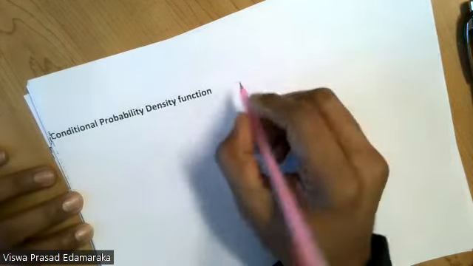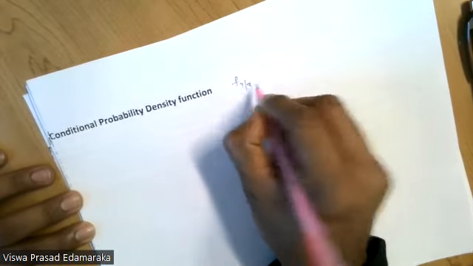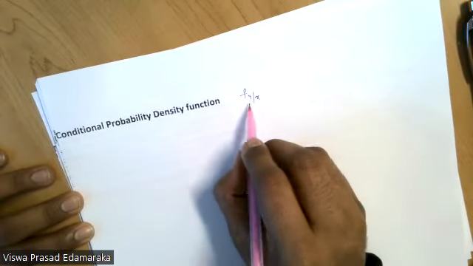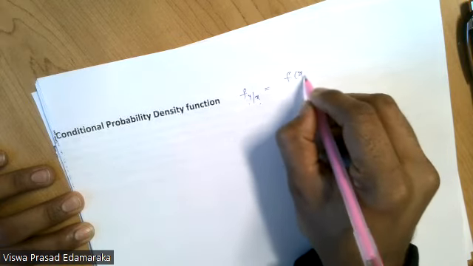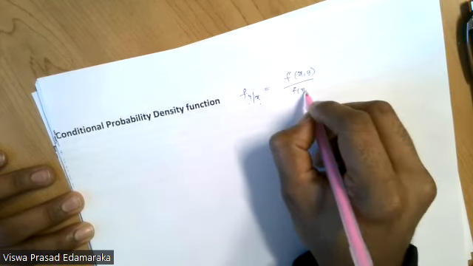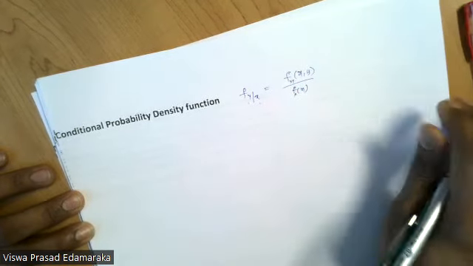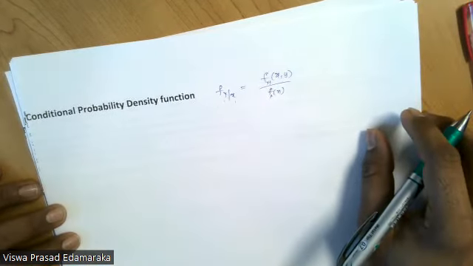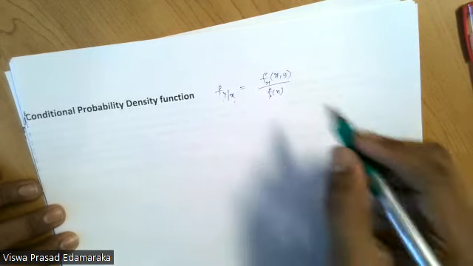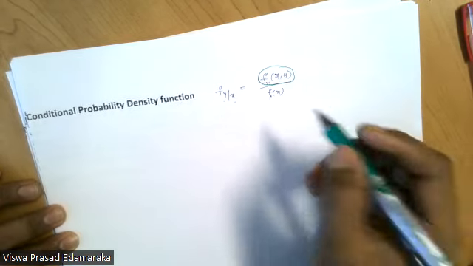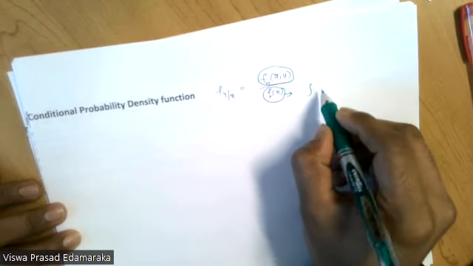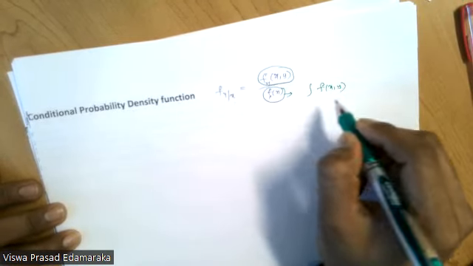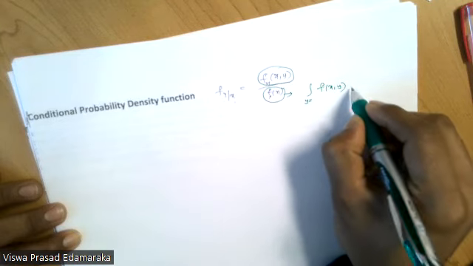So similarly, f of y given x is f of x comma y by f of x. So again, the marginal and joint distribution, we know this value, and how will we get f of x? We will integrate f of x comma y with respect to y.